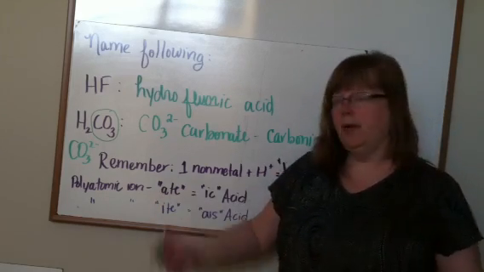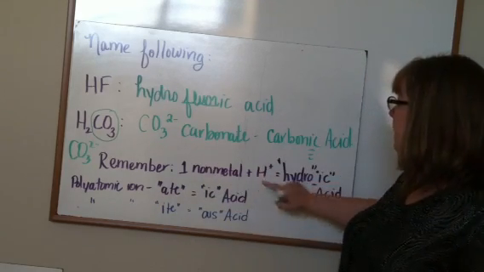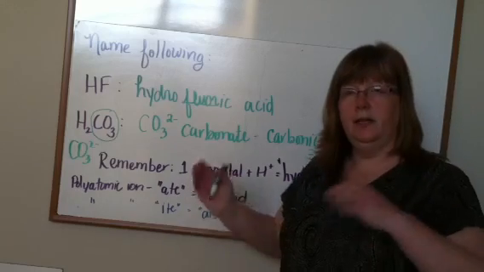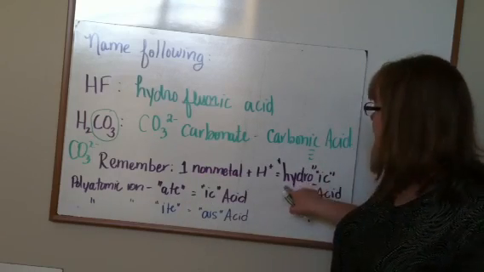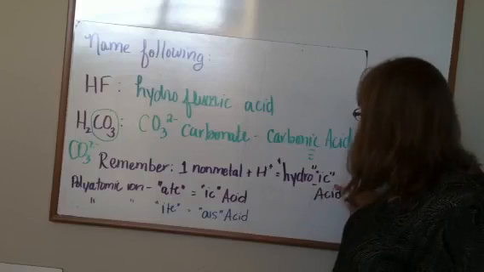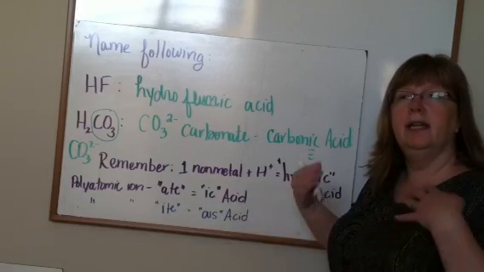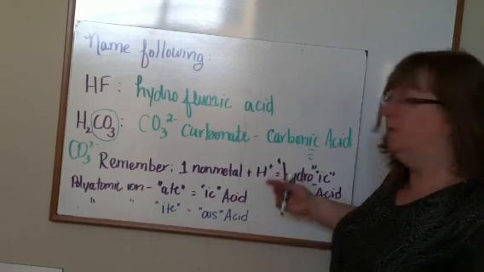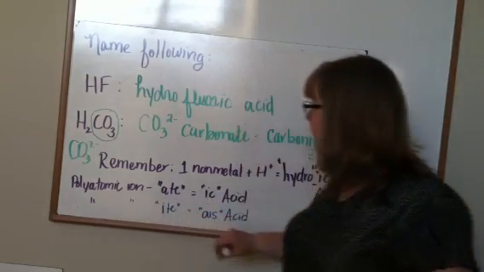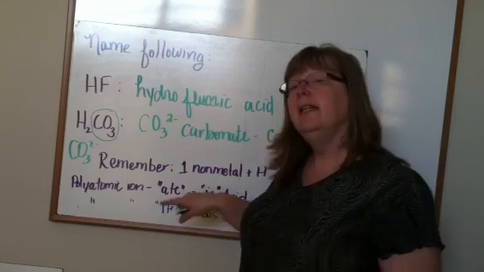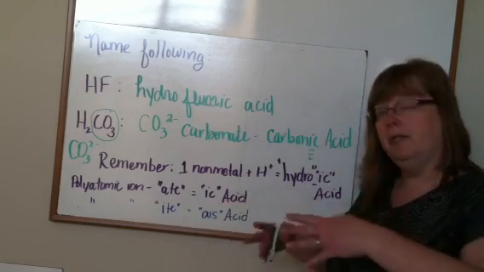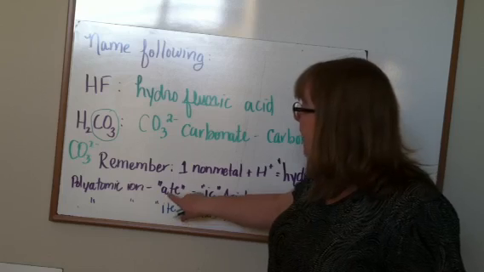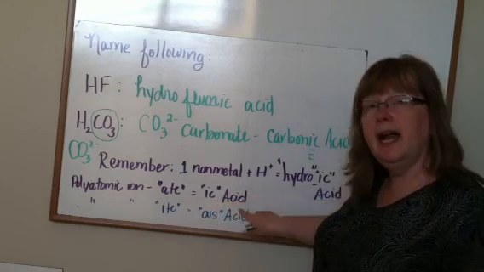So, in summary, if you have one nonmetal and a proton out front, or a hydrogen out front, it's a binary acid, and you're going to use the formula hydro-ic acid. Hydrochloric acid, hydrofluoric, hydrobromic, hydroiodic. If you have a polyatomic ion that ended in ate that has now become an acid by putting those protons out front, the ate ending turns into the ic acid.